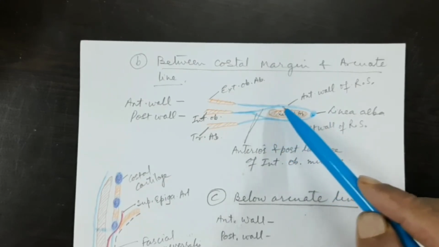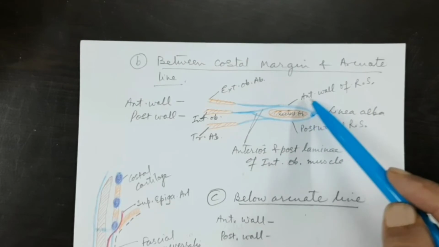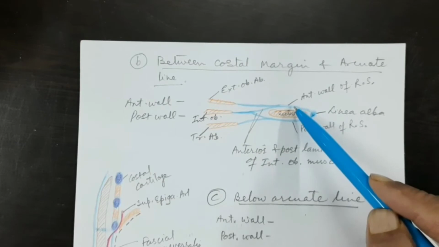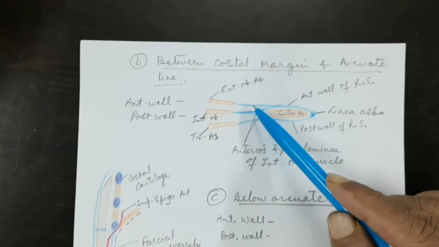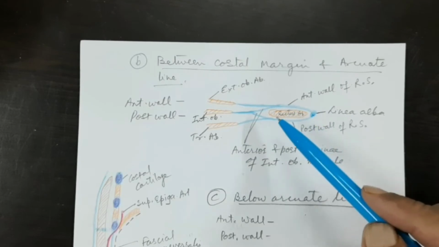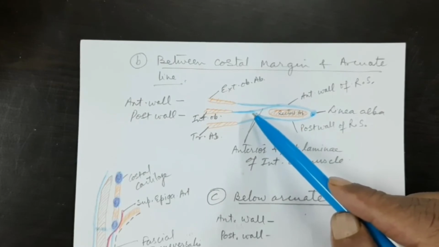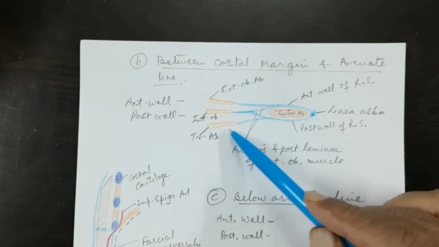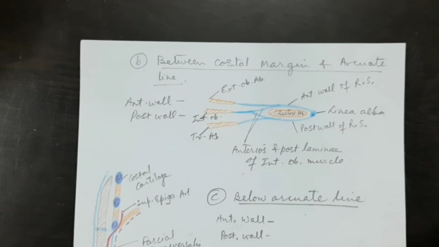Thus you see that the rectus abdominis muscle between the costal margin and arcuate line is very well protected in the sheath. It is covered anteriorly by the anterior wall of the rectus sheath and posteriorly by the posterior wall of the rectus sheath. The anterior wall in this region is formed by the external oblique abdominis as well as the anterior lamina of the internal oblique muscle, because it splits into two laminae, anterior and posterior, and the posterior wall is formed by the transversus abdominis aponeurosis and the posterior lamina of the internal oblique muscle.